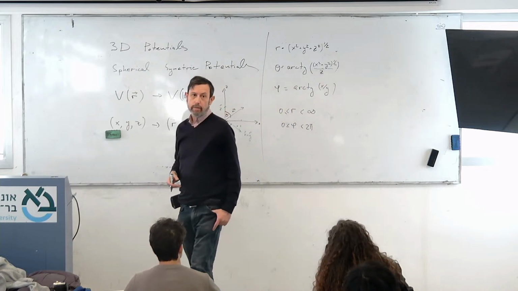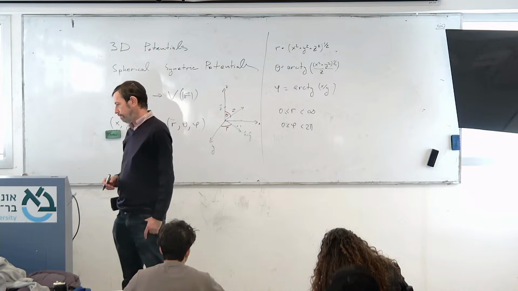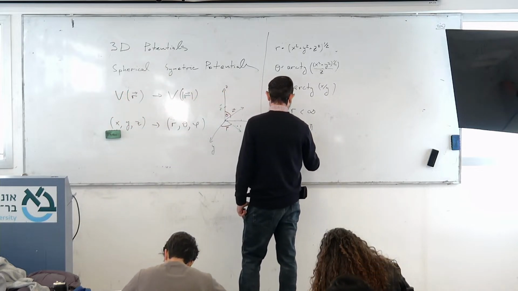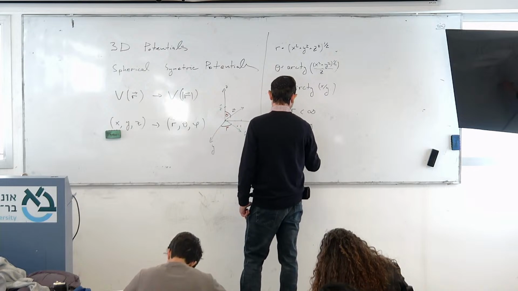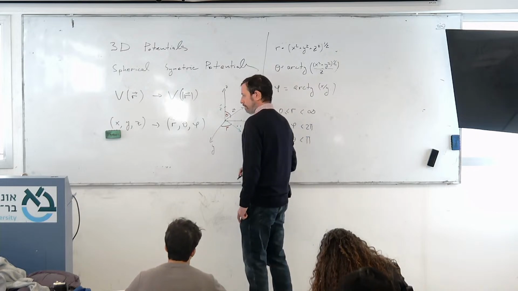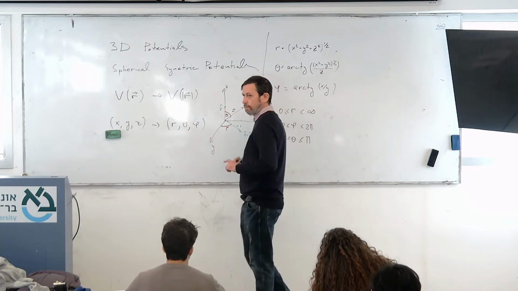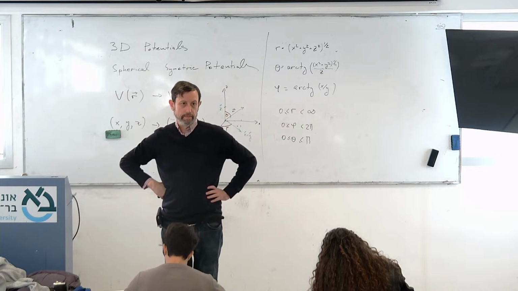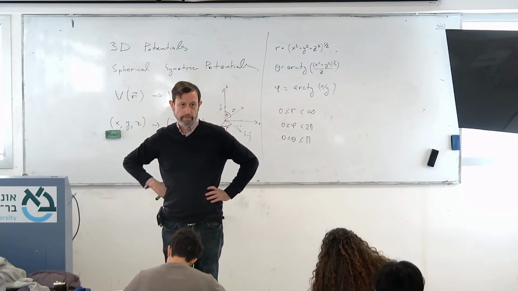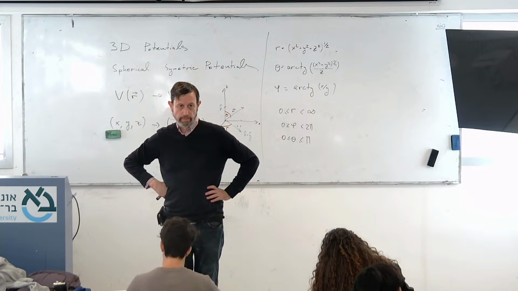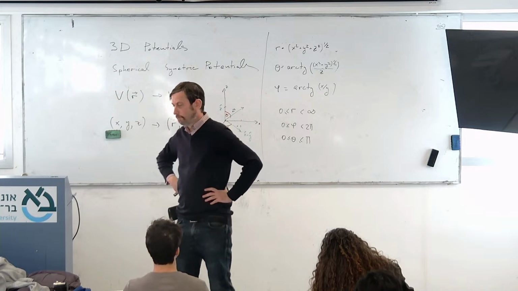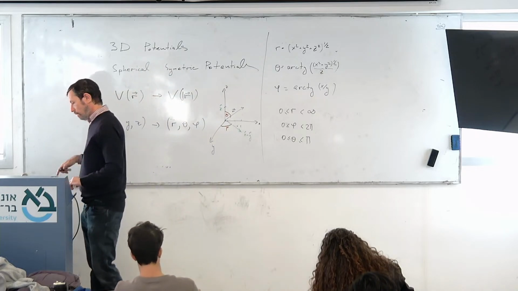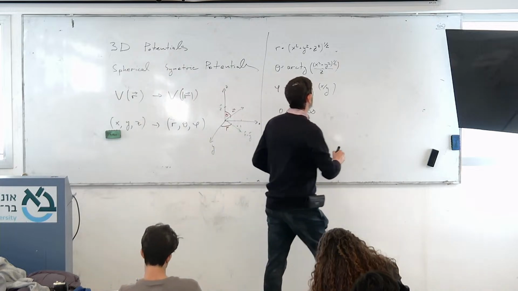Phi can be anywhere between 0 and 2 pi. The theta can only be between 0 and pi. Okay, just for completeness.